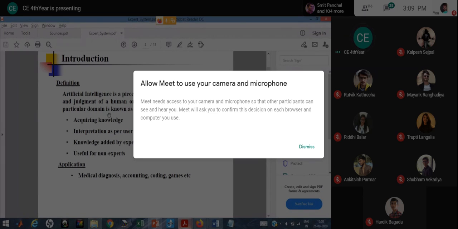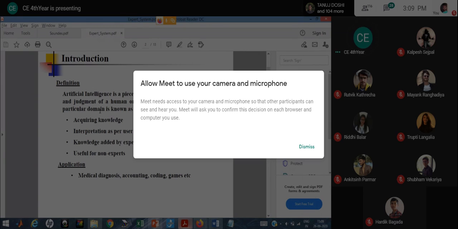Again I repeat, it simulates the behavior and judgment of a human or an organization that has expertise in a particular domain.